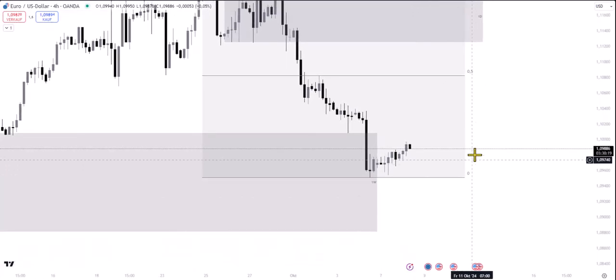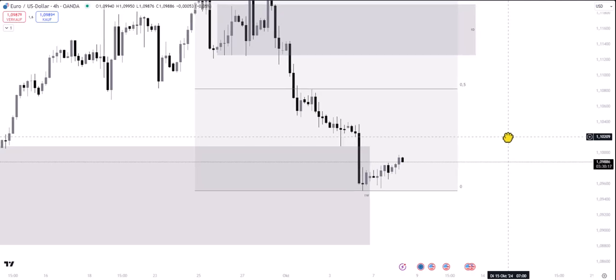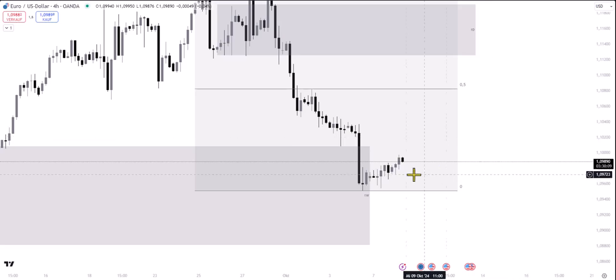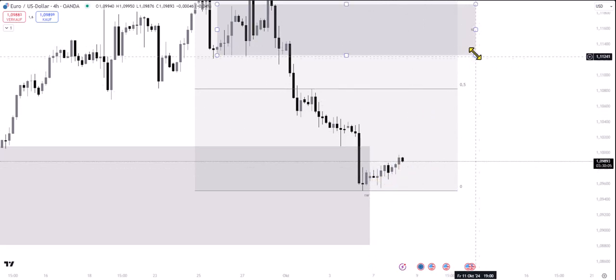What are we expecting? Obviously, on a long-term base, we are looking for sales. But for sales to occur, we are expecting price to move up, creating a lot of liquidity, and to come back into this 1 day supply zone and sell right to our target right below.